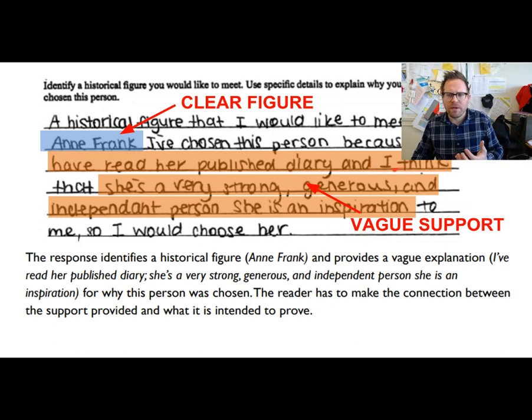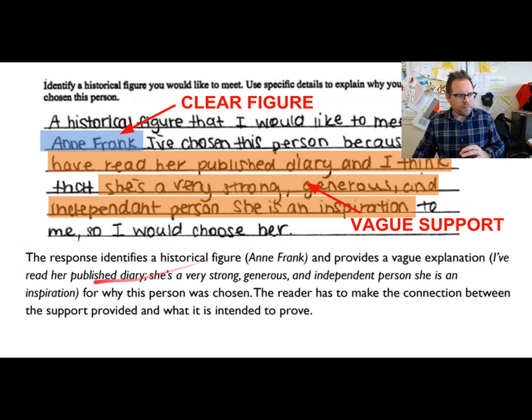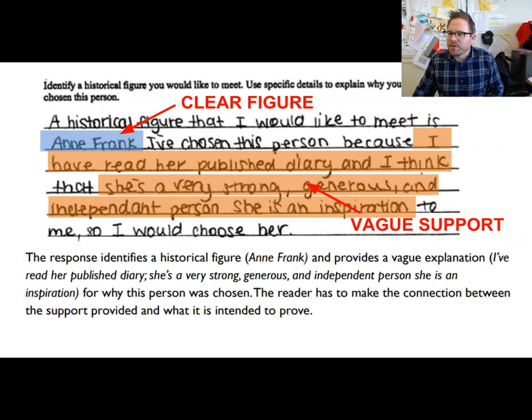So let's take a little bit deeper look into this, okay? The response identifies a historical figure, Anne Frank, and provides a vague explanation. I've read her diary. She's a very strong, generous, and independent person. She's an inspiration. These are really good examples, folks, but the challenge here is, there's still no connection as to what is it about all of this stuff that made you choose her.